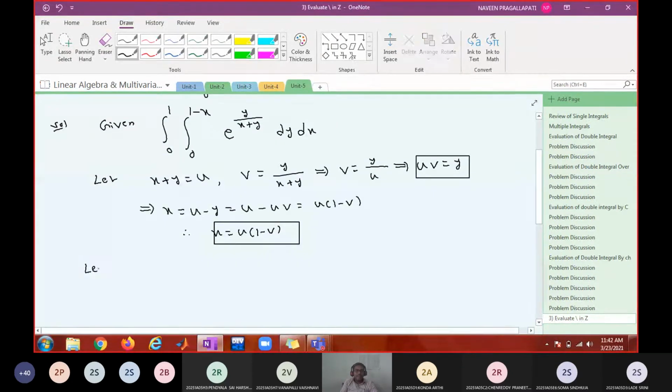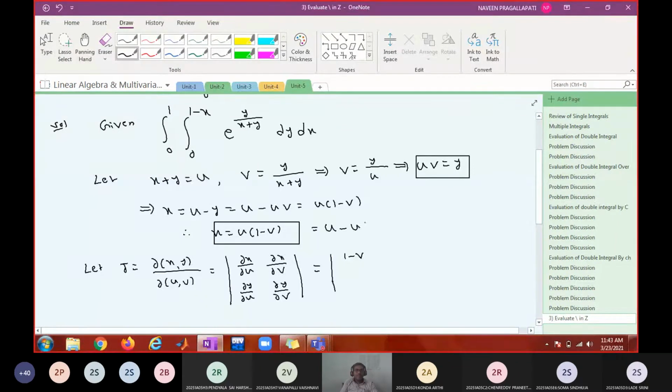So then find out the Jacobian. What is dou x by dou u? 1 minus v. Dou x by dou v. Minus u, no?